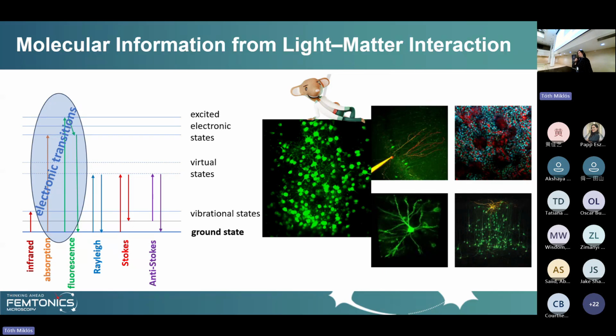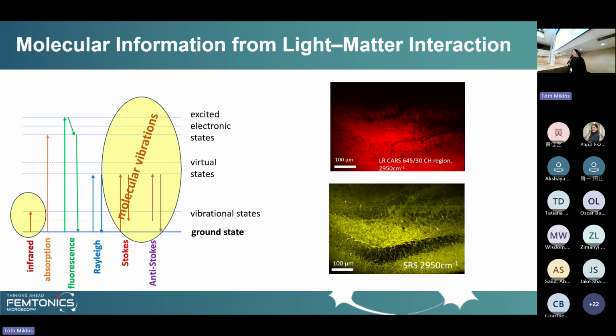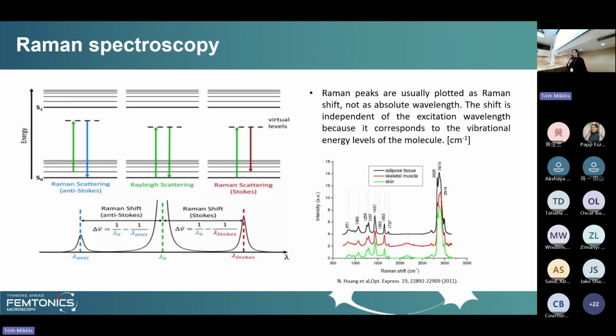Absorption and fluorescence are mainly related to electronic transitions, while infrared absorption and Raman scattering probe molecular vibrational states. This is important because the vibrational contrast gives us chemical information about the sample itself, and this is the basis of label-free molecular imaging.